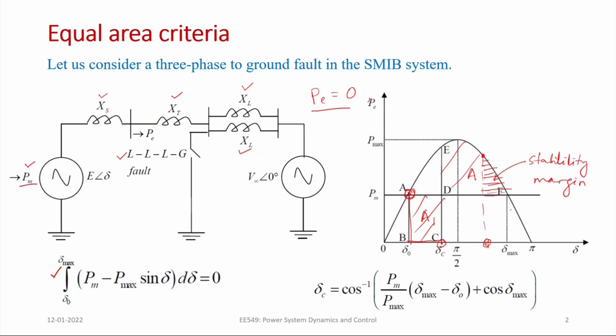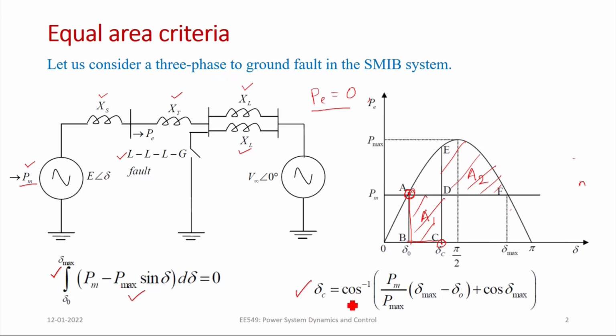If we equate both areas from this equation, then I'll find delta C. Already you have done this at your undergraduate level, so no need to derive it.